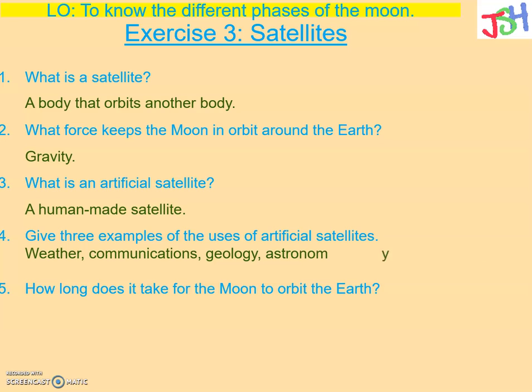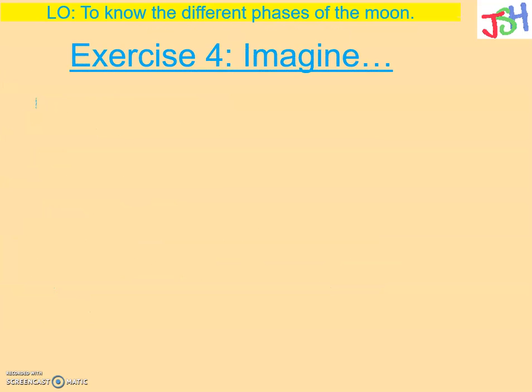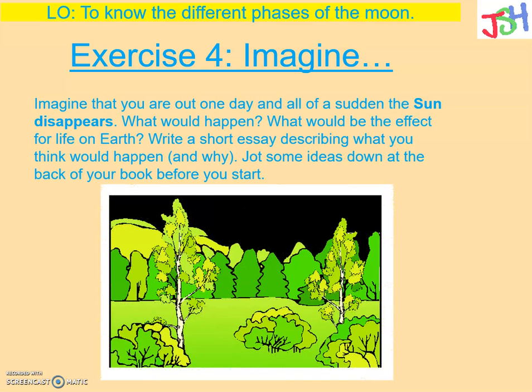Weather, communications, geology, astronomy, monitoring climate change, and the military. How long does it take for the moon to orbit the Earth? About 27.3 days, or approximately 28 days. So, what did you score? Okay, amazing. Next exercise.